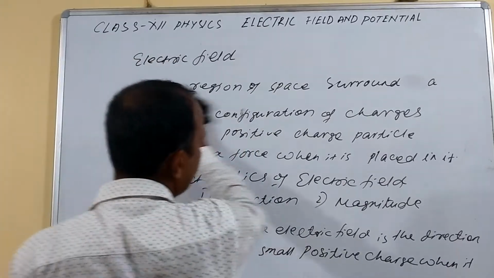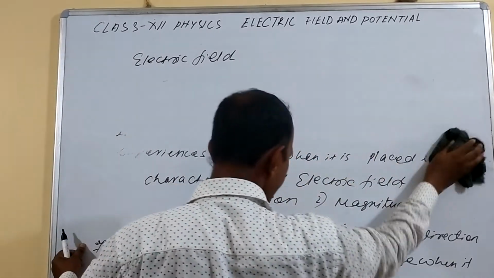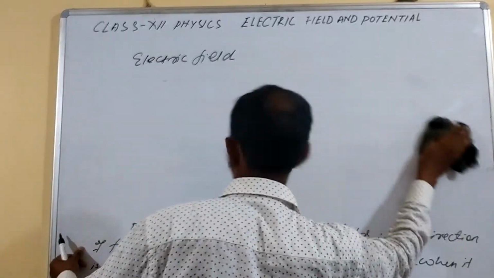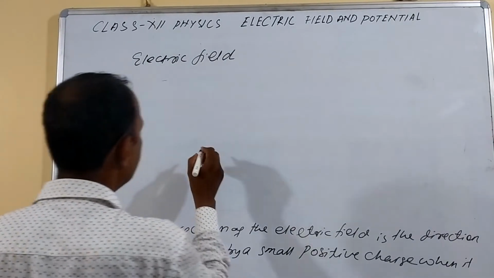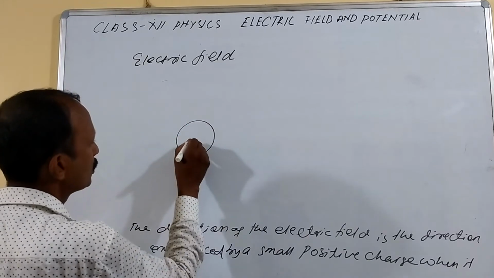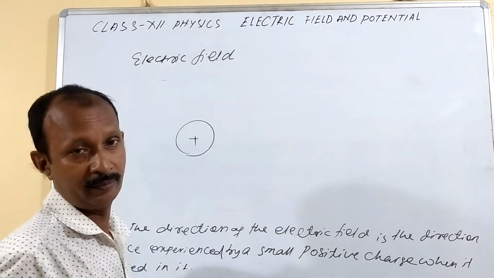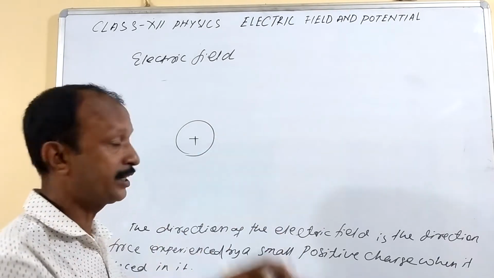See how it is. If the source charge is positive, this is the source charge which creates an electric field.